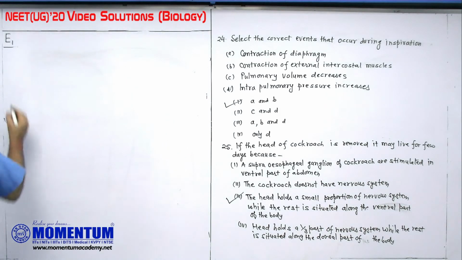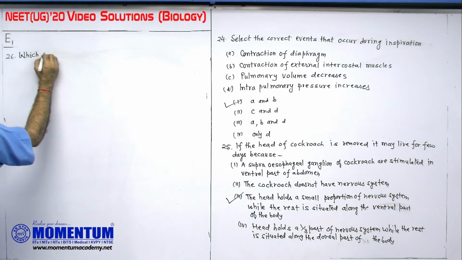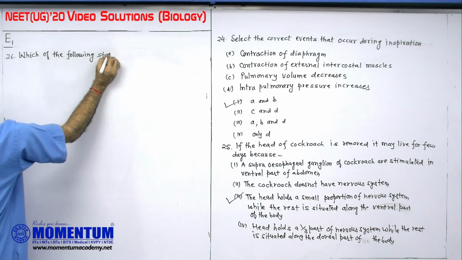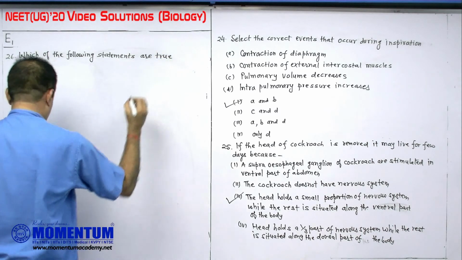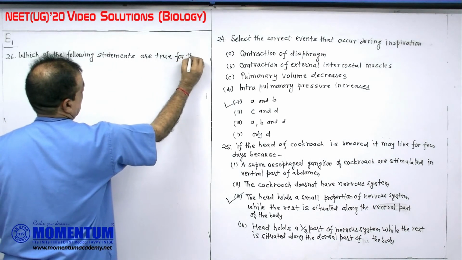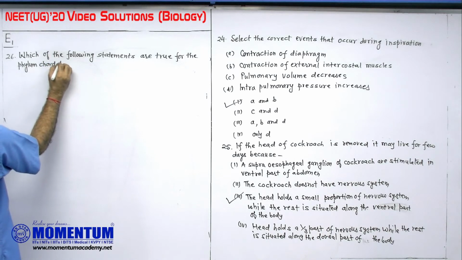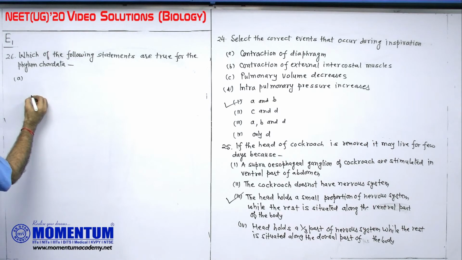The question number 26, which of the following statements are true for the phylum Chordata? A is Urochordata.